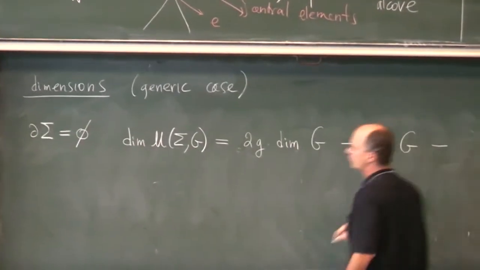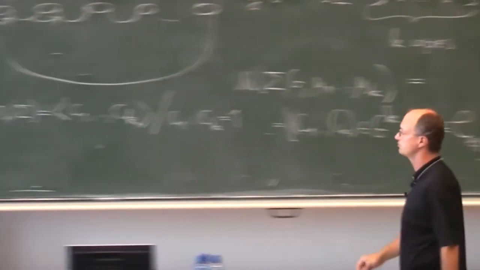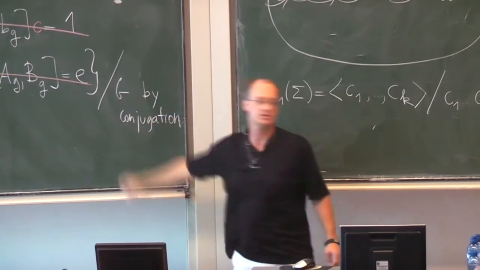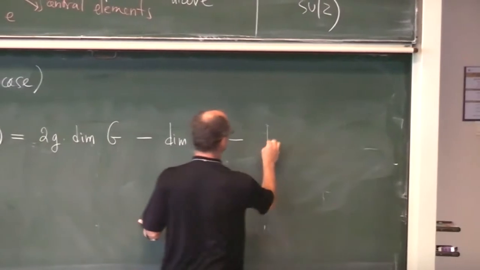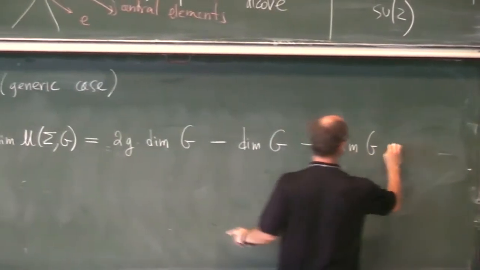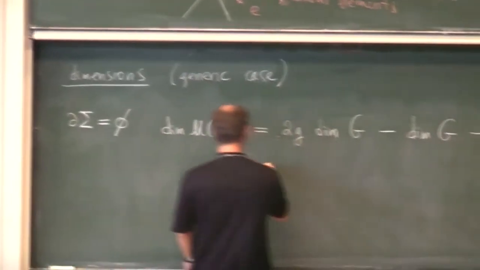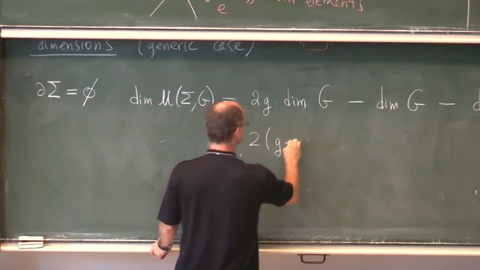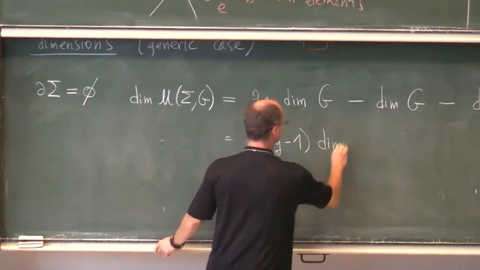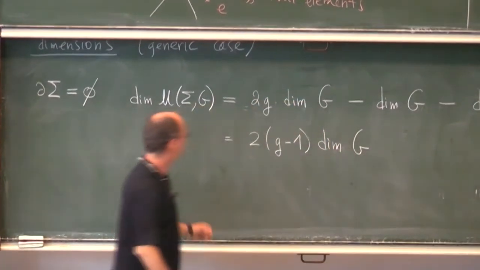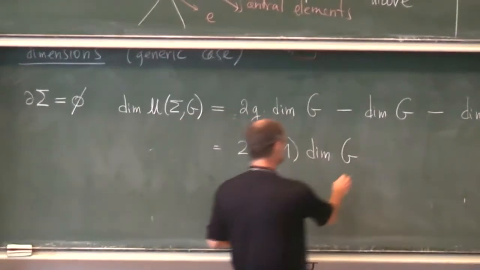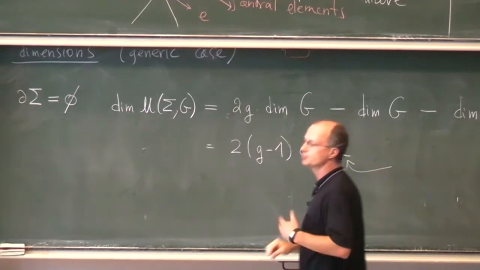And now, if the action here is free or quasi-free, meaning that the stabilizers are discrete, then you would subtract one more dimension of G. So the formula will give you 2G minus 1 times the dimension of G. Notice that even when it's true, in general, the moduli space is not smooth.